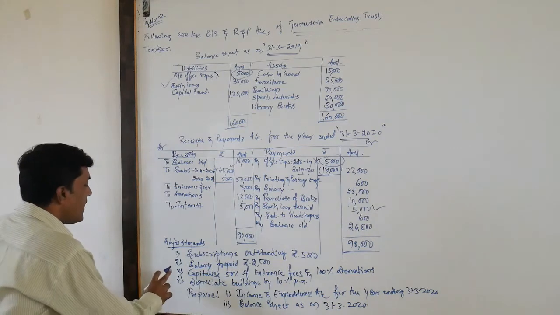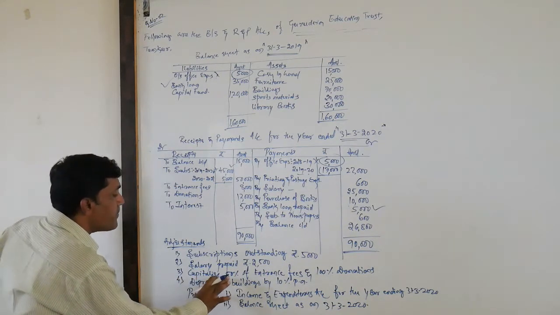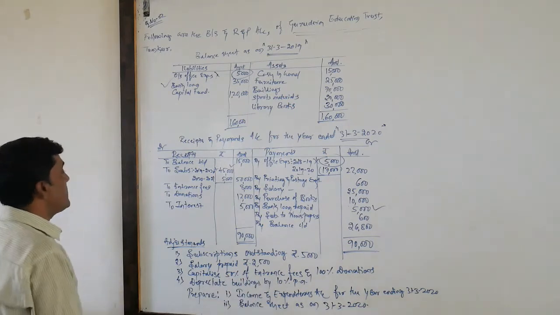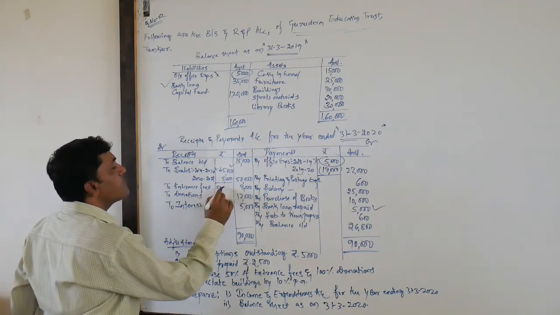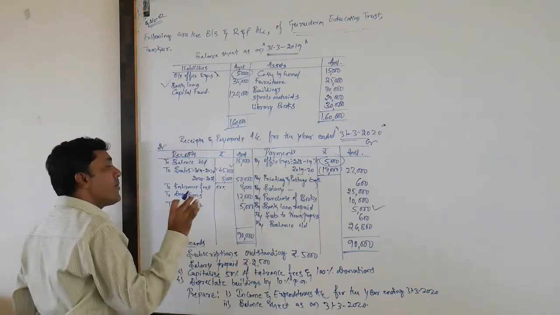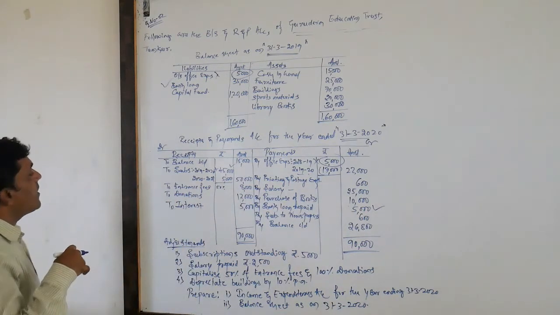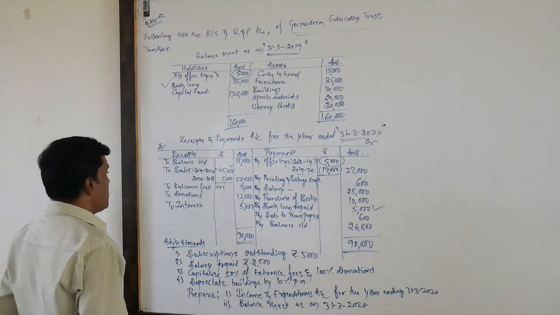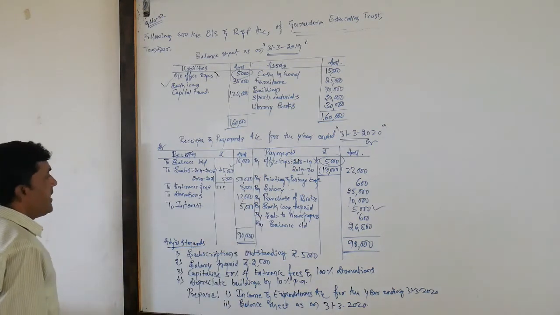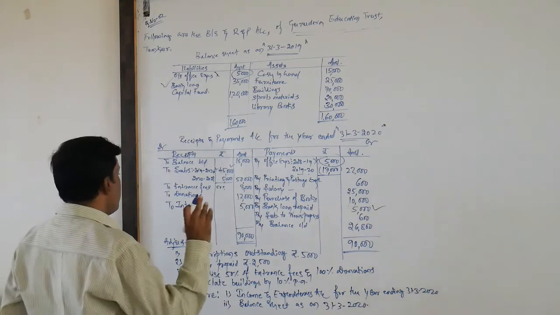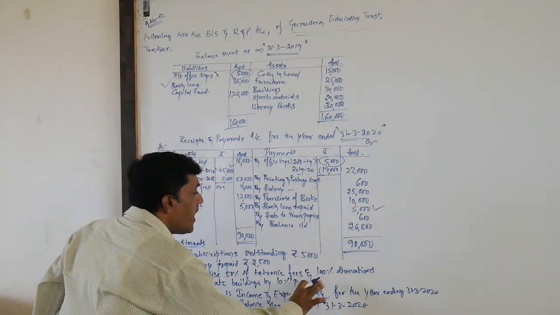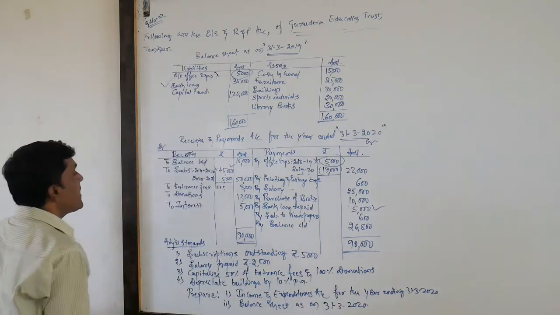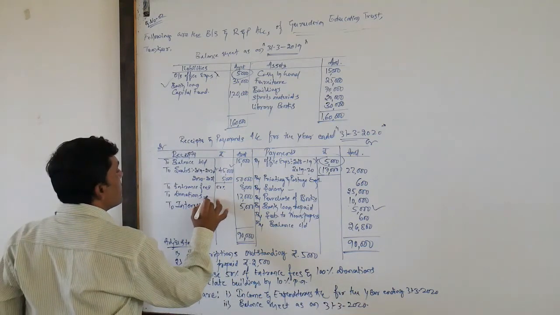Look here, third adjustment, capitalize 50% of entrance fees. Entrance fees 50% is to be capitalized, which means the other 50% is to be treated as revenue income. The next one, furthermore, 100% of donations are to be treated as capital.